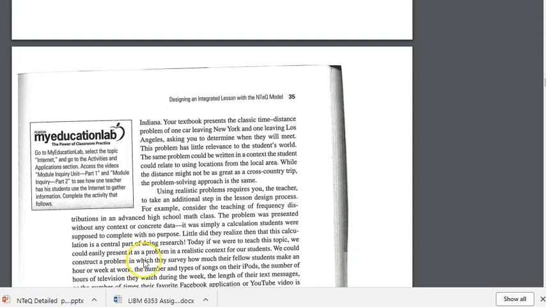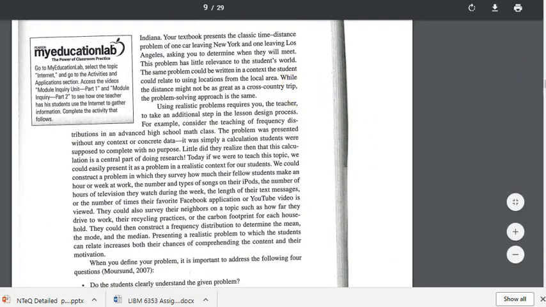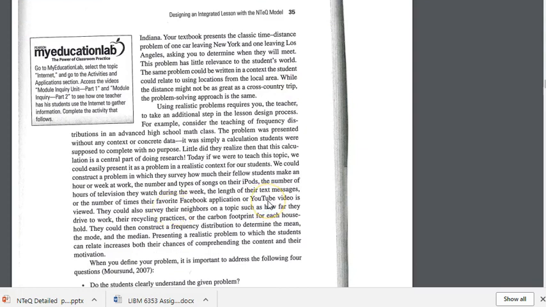So you could construct a problem where they survey how much their fellow students make an hour a week at work, the number and types of songs on an iPod or an iPhone, the number of hours of television they watch during the week, or the frequency of their text messages. They could figure out how many times a YouTube video is viewed.